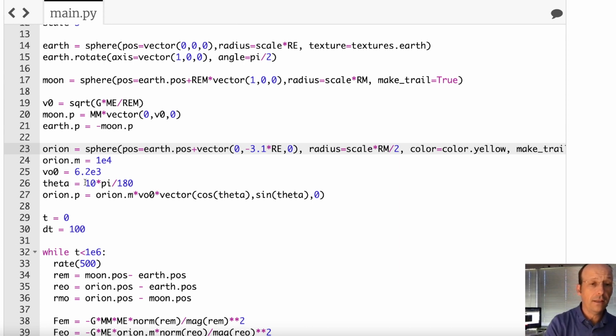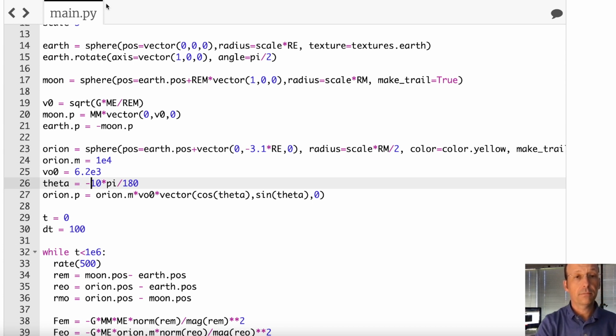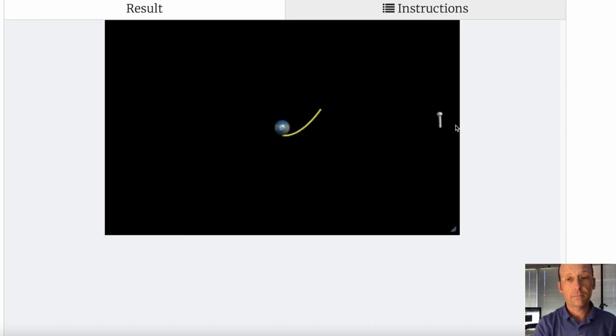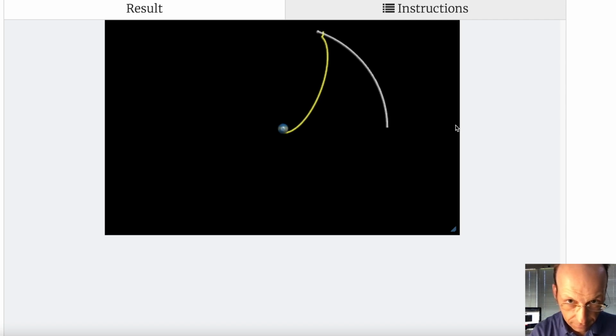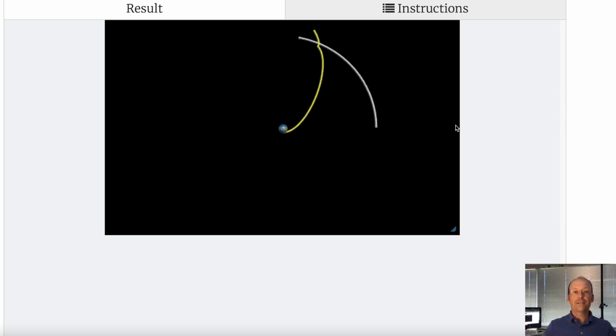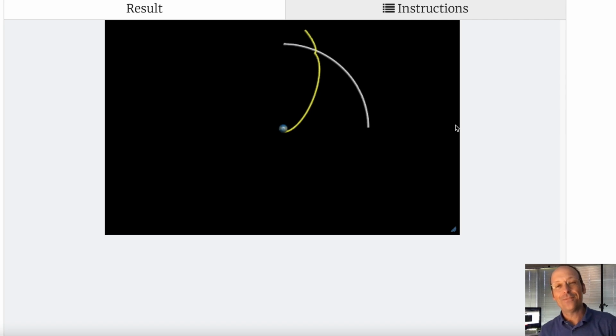So let's make this theta as -10. Okay, it's getting close. Let's see if it interacts with the moon. That was pretty good.